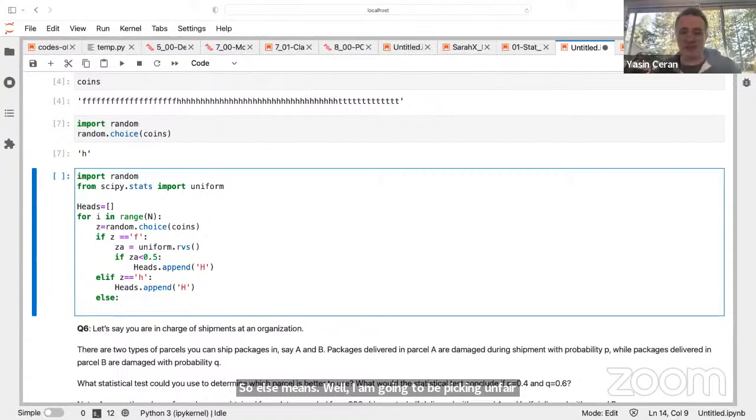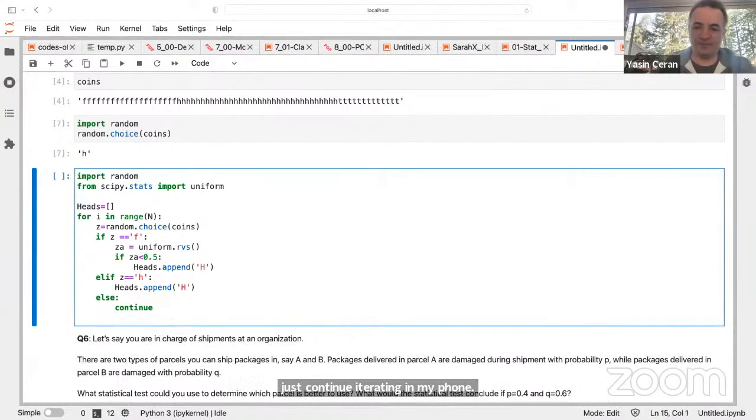Then there is no head, so I will continue, which means I will just continue iterating in my for loop. Now let me print the length of my heads. Remember, heads is only keeping H if it is head, when I flip a coin.